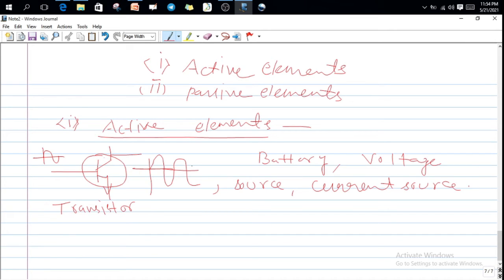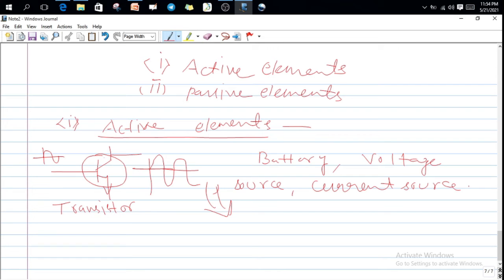These are examples of active elements, which can supply for a long duration of time. That's why they are called active elements. As well as that, they will deliver and absorb energy. If they have both characteristics, they come under the active elements.